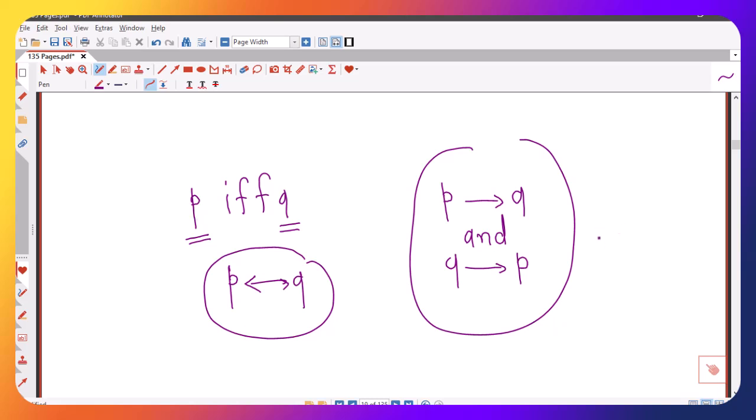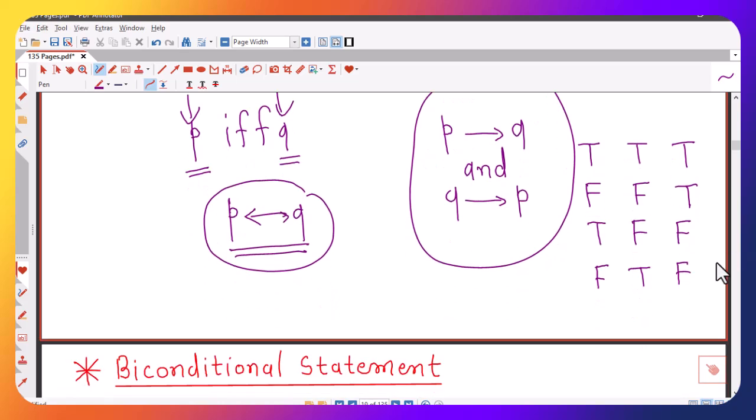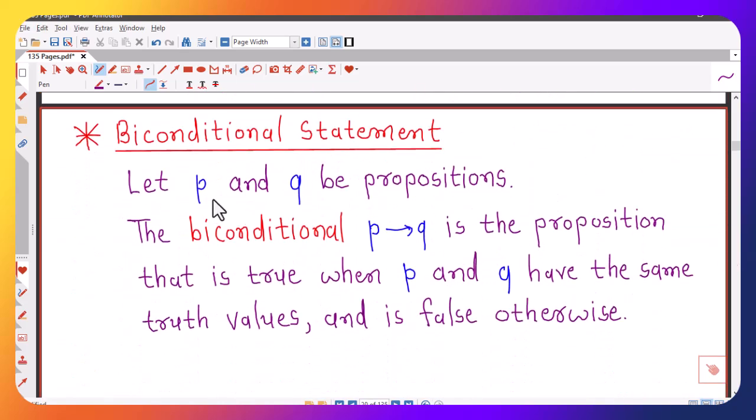So if both propositions have the same truth value, then only this is going to be true. That is, if P is true and Q is true, then the biconditional is true. If P is false, then Q is also false, and the truth value will be T. And if we have opposite truth values, then the biconditional statement is false.